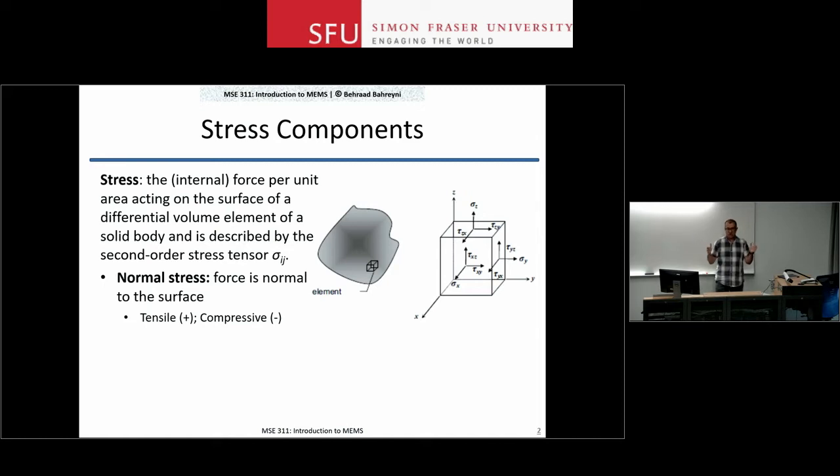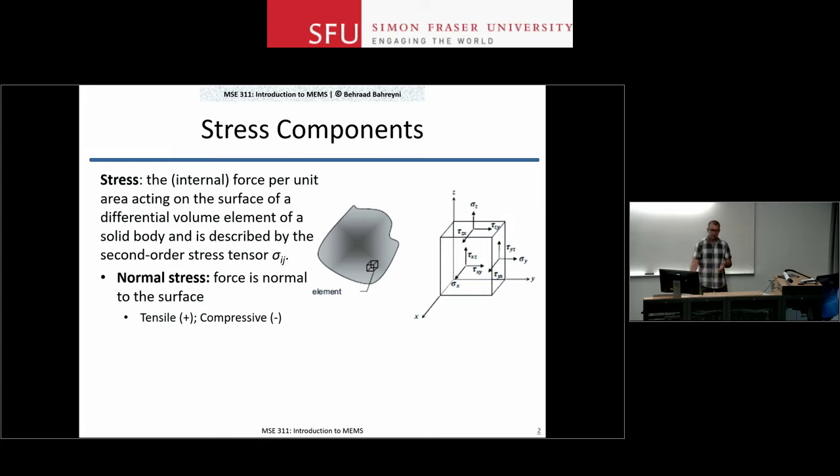So if I press a piece of material from the two ends, let's say this box, if I press the two sides of this box, it will develop internal stresses in response to those forces that I'm applying to it. It could be tensile or compressive. Compressive is when I push onto this device. Tensile is when I stretch it.